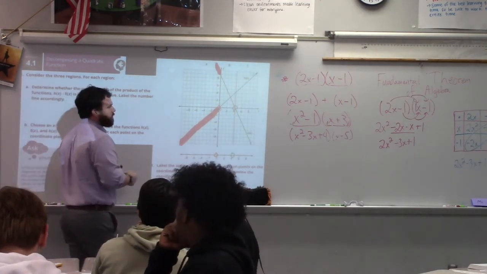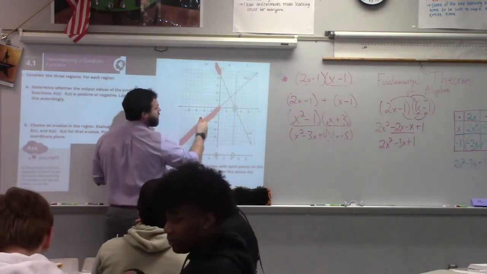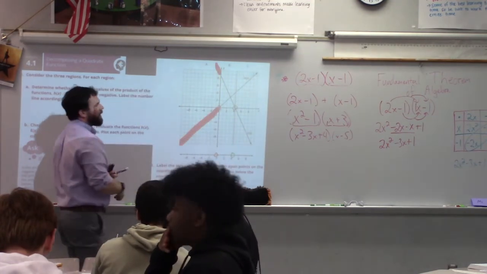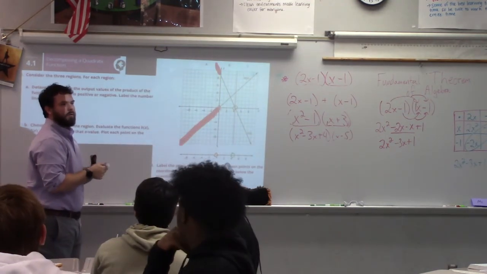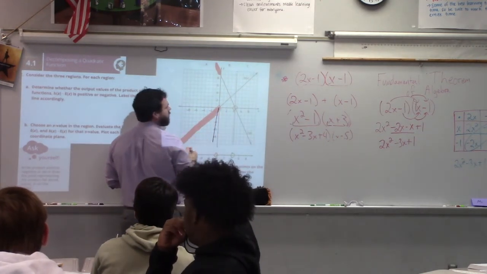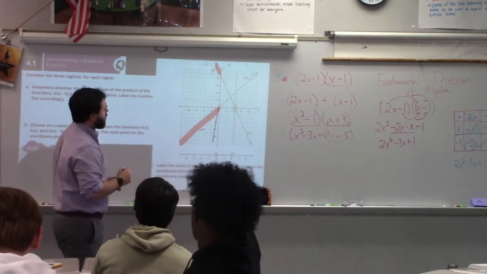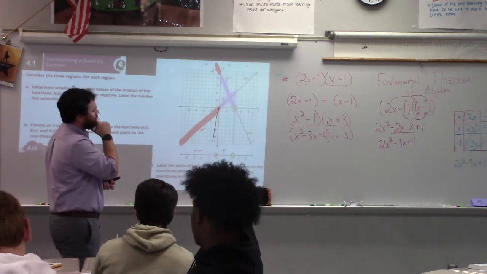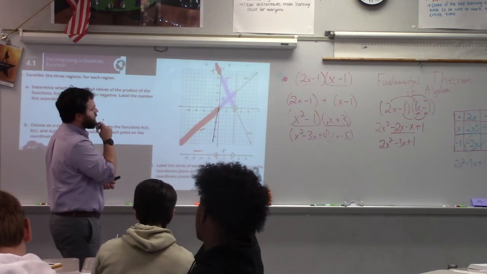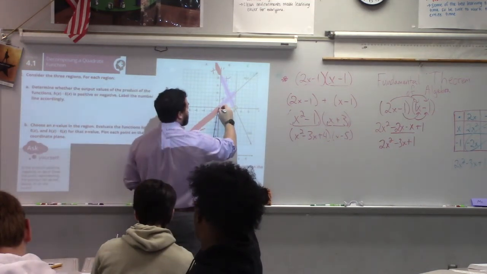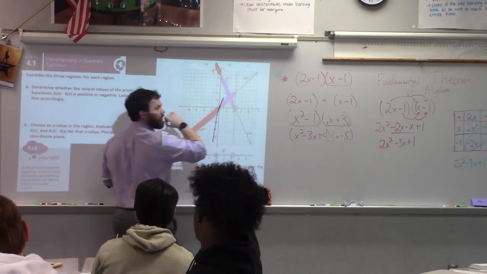All right. So notice how I identified my 0 here. And if I take a positive and I multiply it by a negative, what do I get? Negative. So the dilated function here will be negative. And then if I look at this region, the polynomial is going to be positive. Is it going to continue going positive forever?